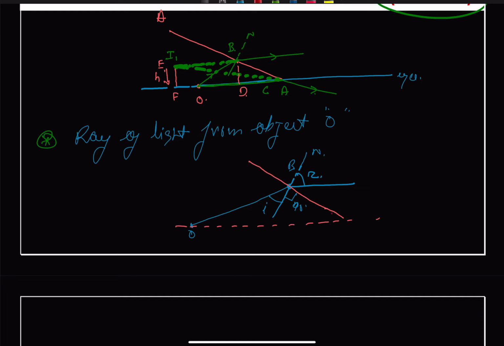So if this angle is 45, so we have two parallel lines. So one is over this one, and another one is over this one. So we can say our R will be also equal to 45 degree.